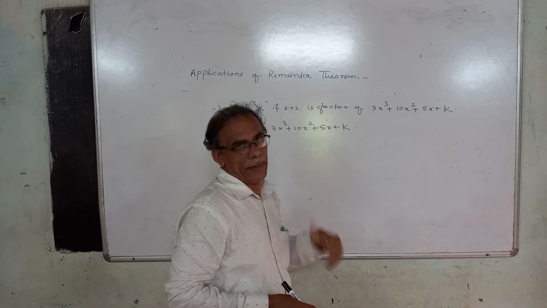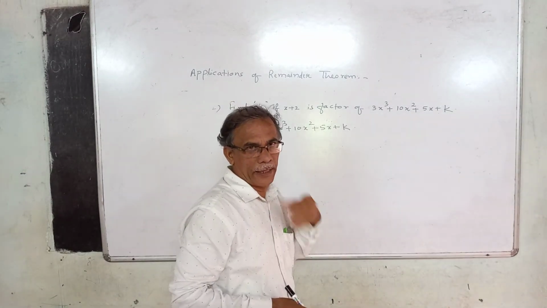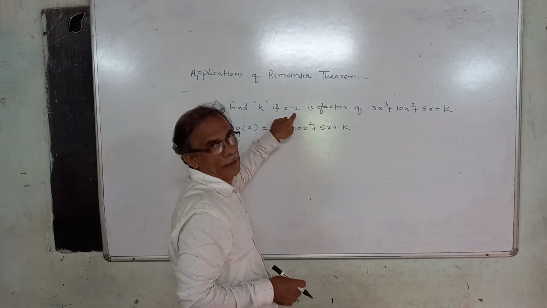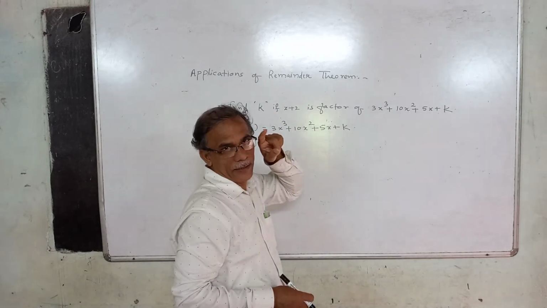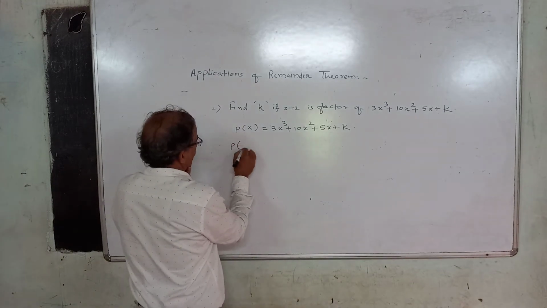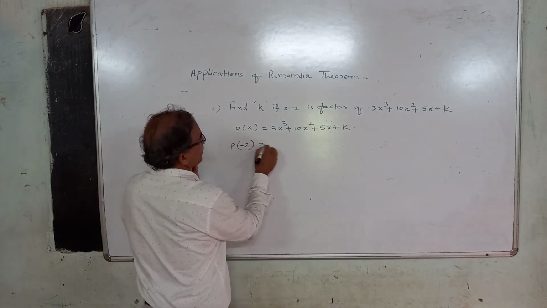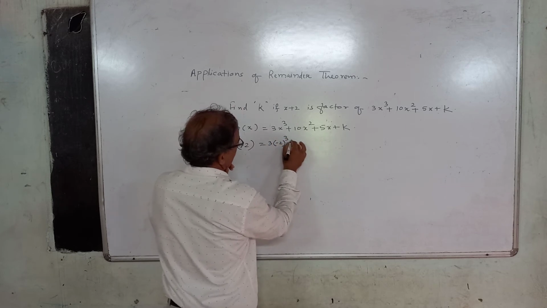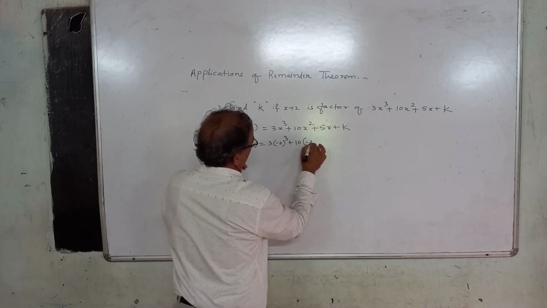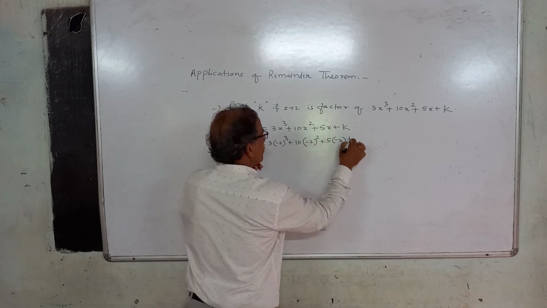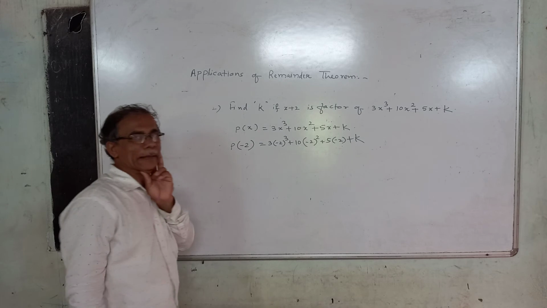According to the remainder theorem, to calculate the remainder directly, we substitute minus 2 in place of x in the polynomial. So the value of the polynomial at x is equal to minus 2 is 3 into minus 2 cube plus 10 into minus 2 square plus 5 into minus 2 plus k.